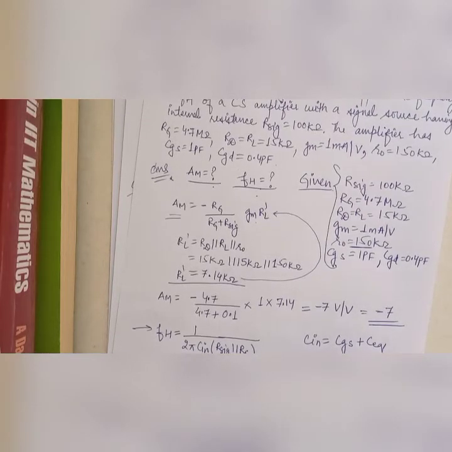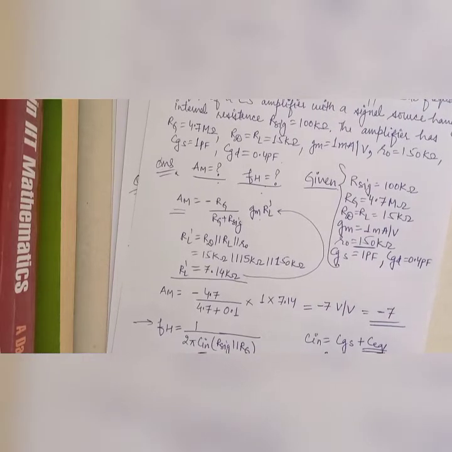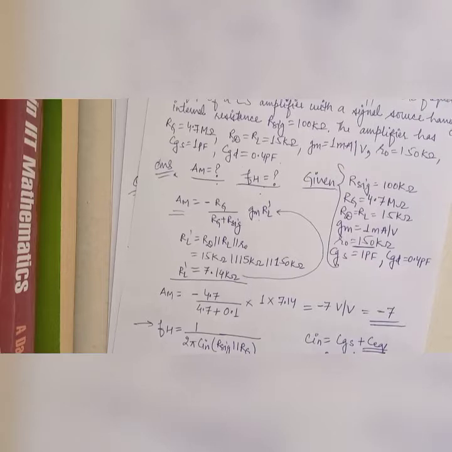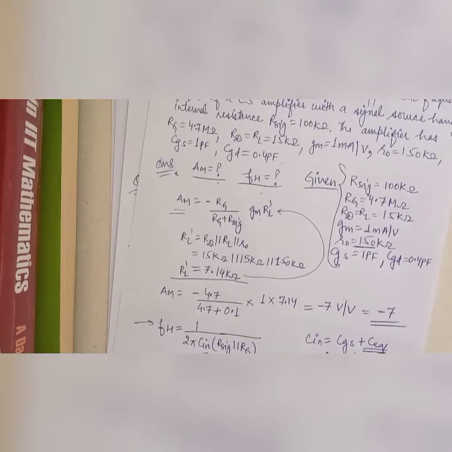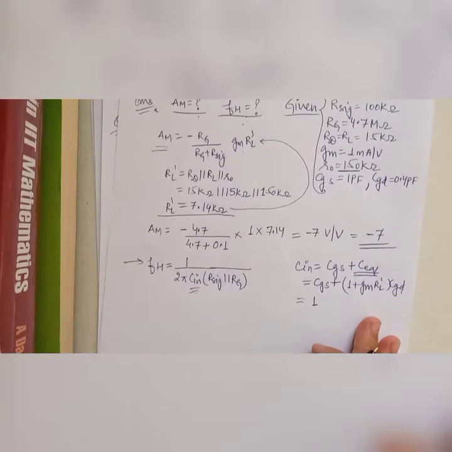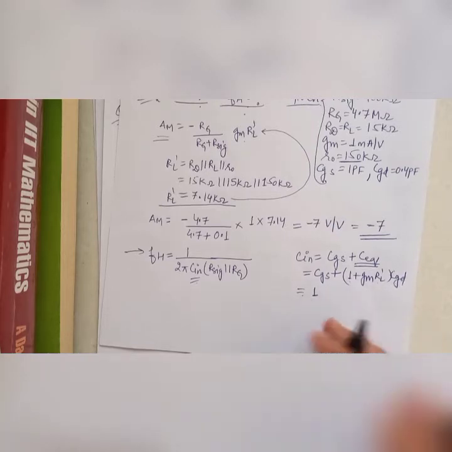CGS I'll copy as it is. C equivalent is nothing but 1 plus GM RL dash into CGD. So this is the value. CGS is given to me as 1.